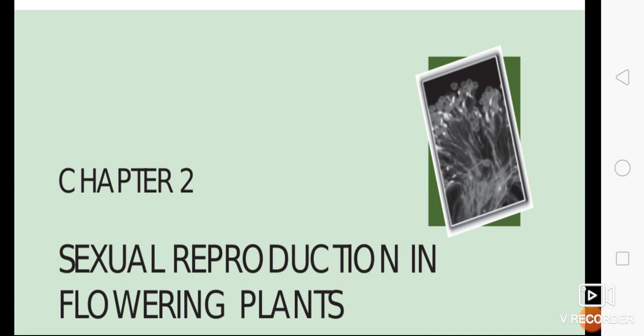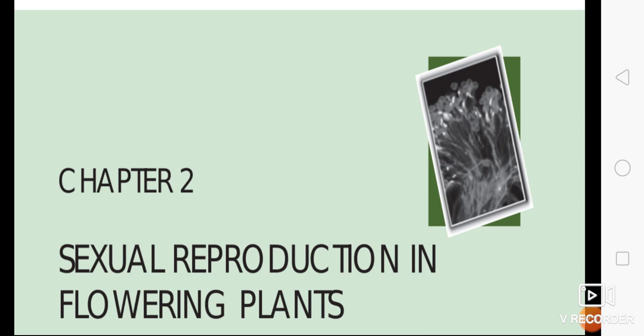For a flowering plant, there are 4 main organs. They are root, stem, leaf, and flower. Flower is the organ for sexual reproduction. That means gametes are produced by flowers.